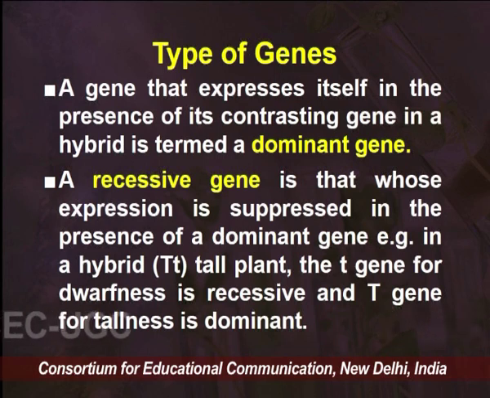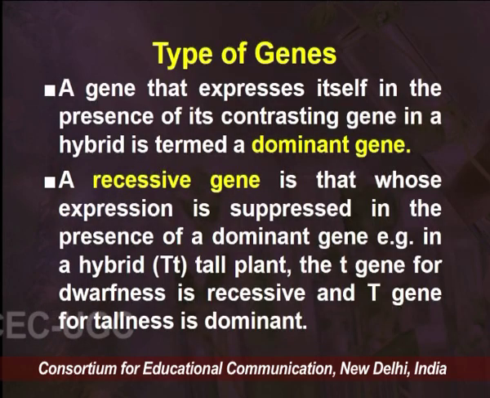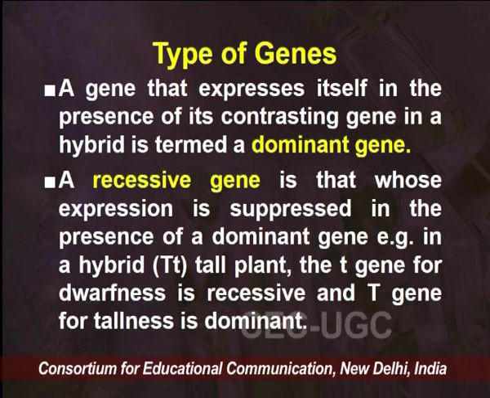If we look at the last of the figure, the middle two are hybrid plants, but still the dominant gene is expressing itself, which is the capital T. That is why the stem was long, compared to the recessive gene, represented as small t, which was suppressed due to the presence of the dominant gene.